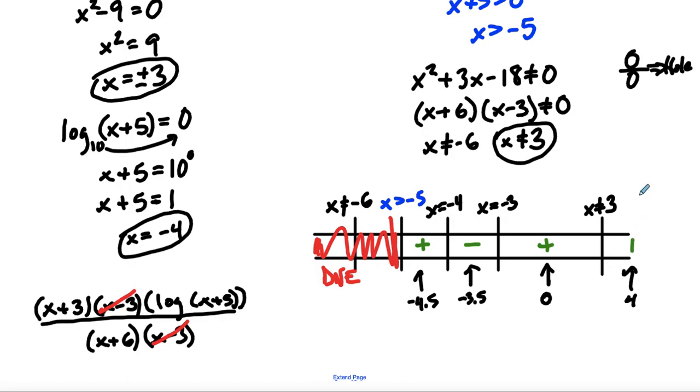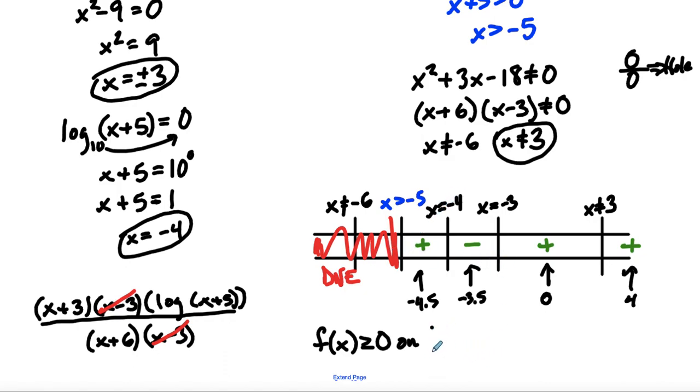So if we look here, let's go back to our original problem. We're looking for where f of x is greater than or equal to 0. So that means we're going to include any zeros, but we're not going to include any DNEs.